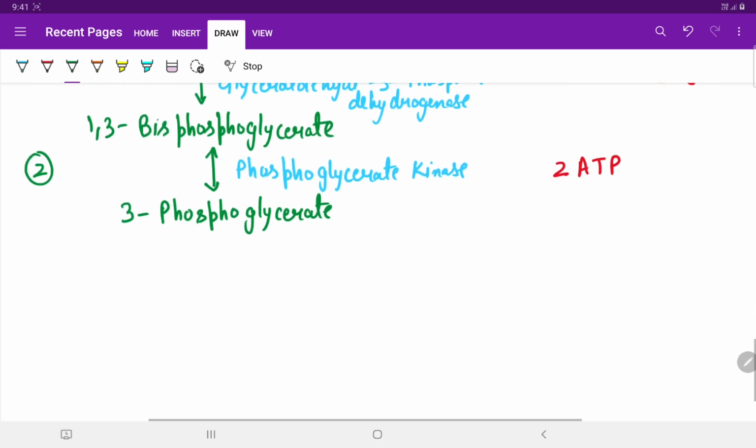Now the third reaction for generation of ATPs is conversion of phosphoenol pyruvate into pyruvate in presence of enzyme pyruvate kinase.